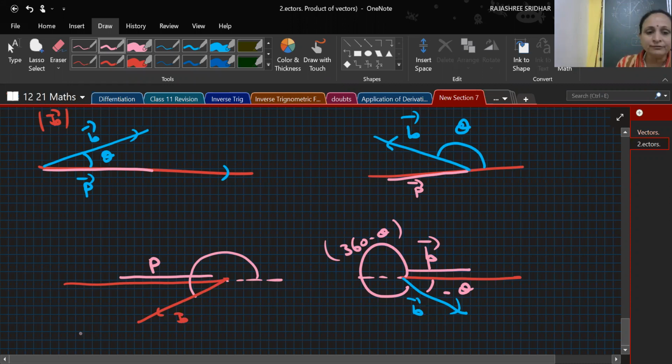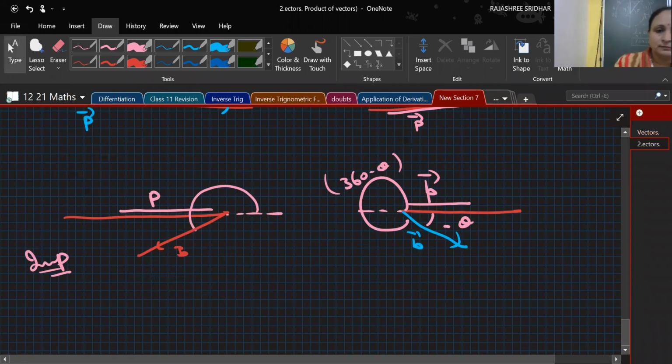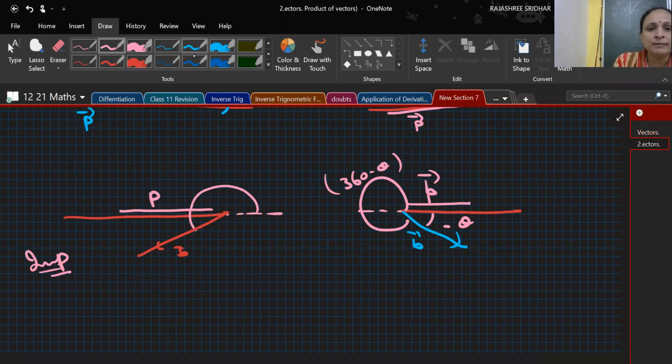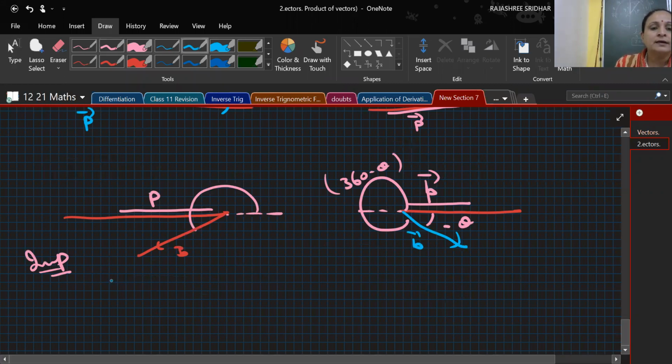Now, there is an important formula which children generally need to put more effort to remember, and that is the projection of B on vector A. What is the formula? You all told me.